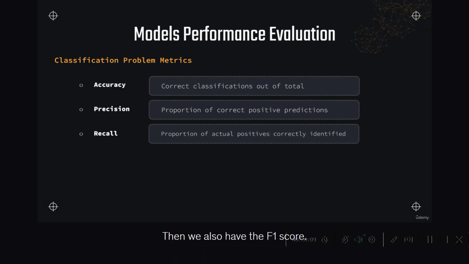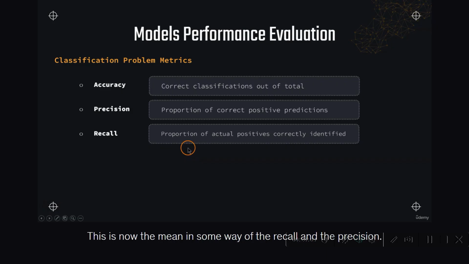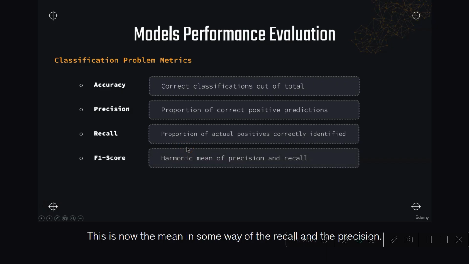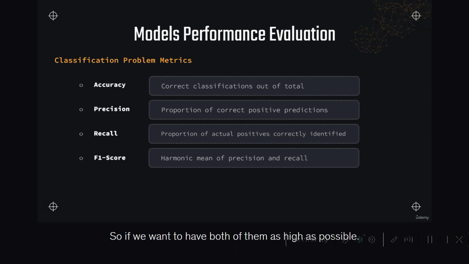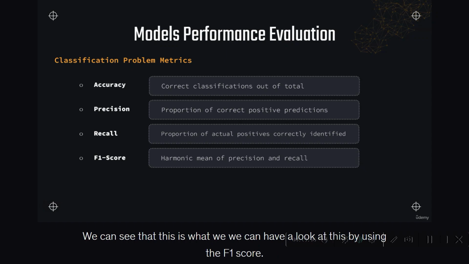Then we also have the F1 score. This is the mean in some way of the recall and the precision. So here we are trying to find a balance between those two metrics. If both of these are important, we can optimize this by looking at the F1 score. If we want to have both of them as high as possible, we can have a look at this by using the F1 score.